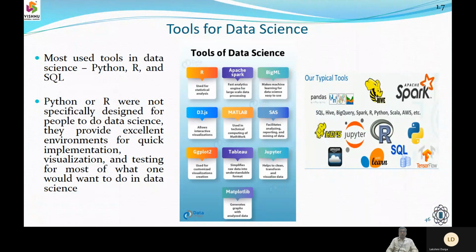So coming to the question, what will be the necessary tools of a data scientist? We have a lot of necessary tools for data scientists. One we are going to call the R language. Next we have Apache Tomcat and Spark, followed by Python and some others like MATLAB and Tableau.